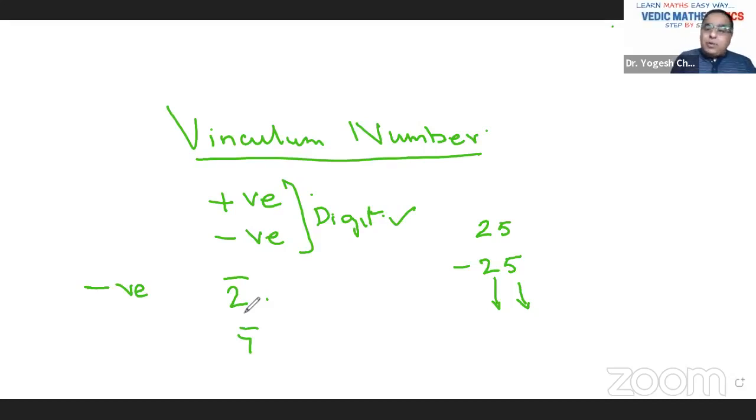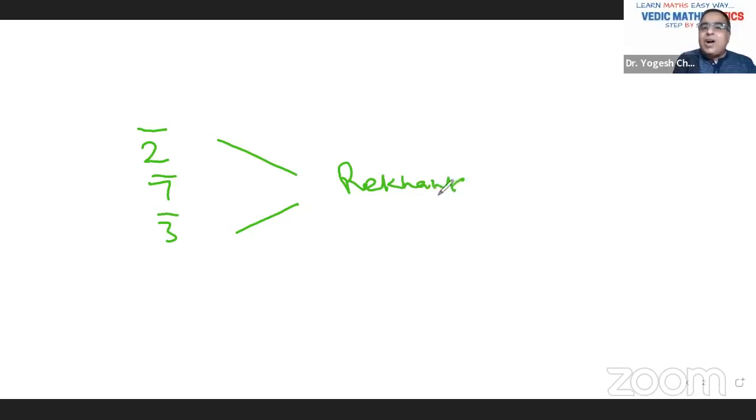Such negative digits, 2 bar, 7 bar, 3 bar, 4 bar, are called rekhank. Rekhank means rekha over the ank. Ank means number and rekha means line.